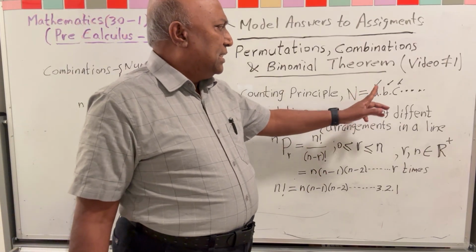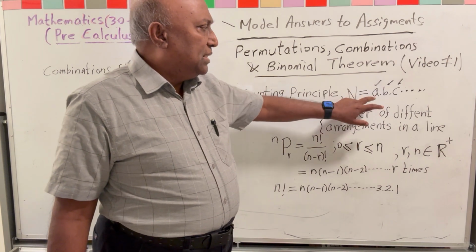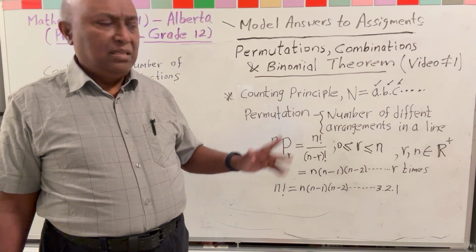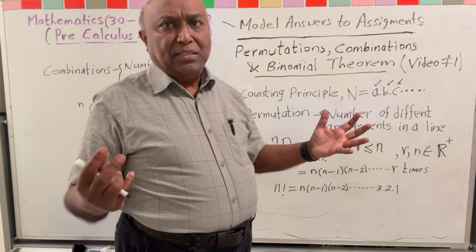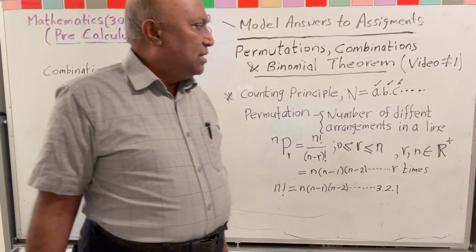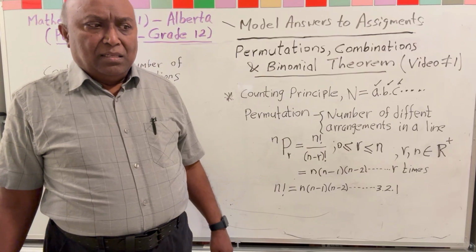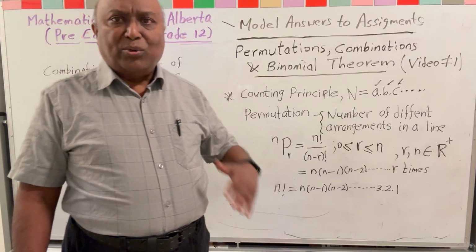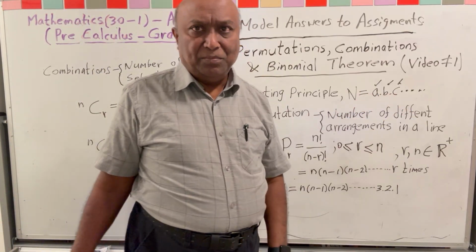If there are A ways of happening one event, and if there are B ways of happening event B, similarly event C, the number of ways of all events occurring is given by the product of these numbers.